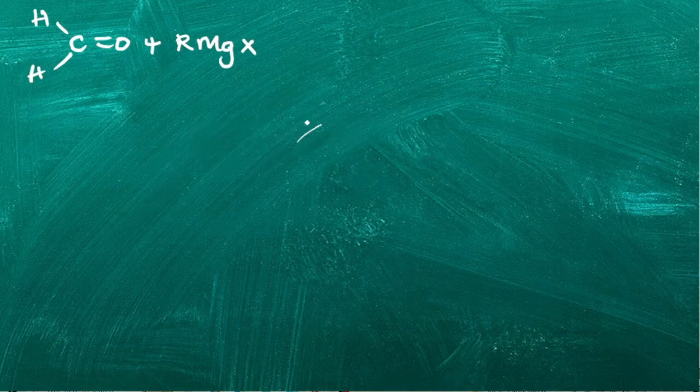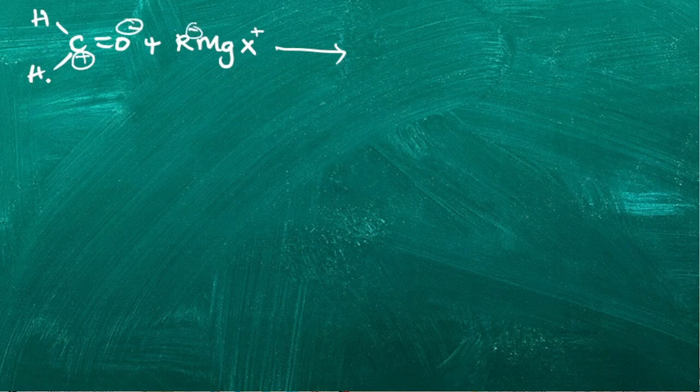So, RMgX. Now, what you are going to do is react. When you react, R will become R minus. The C plus will be there and O minus will be there, and MgX plus, R minus.